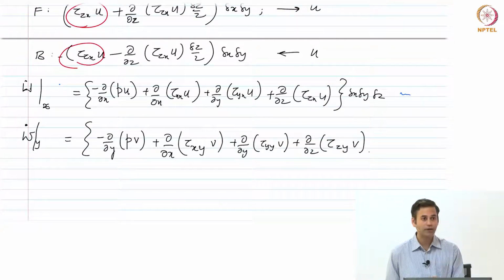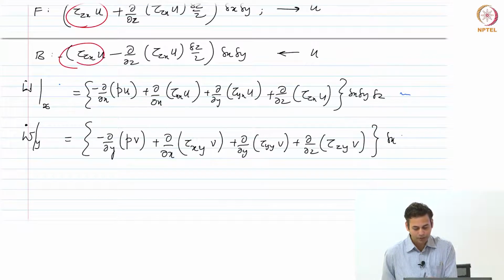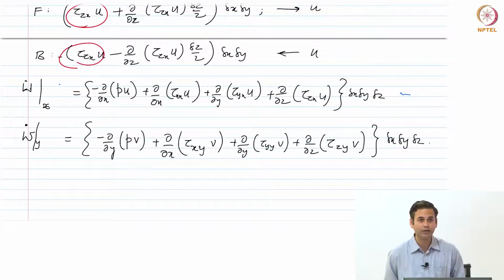Essentially the second index should be the same for all these, they should all be y because it is the forces acting in the y direction. All of these are multiplied with delta x delta y delta z.